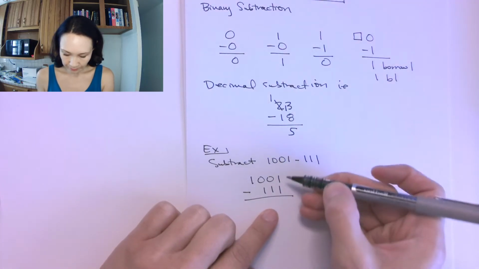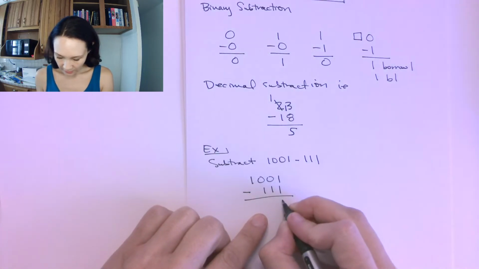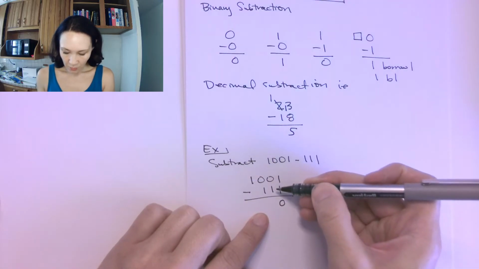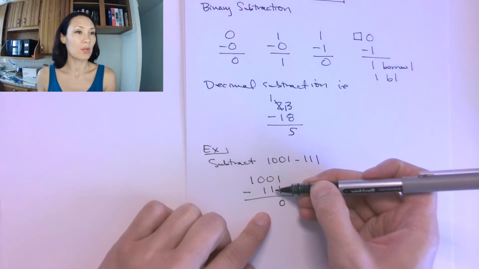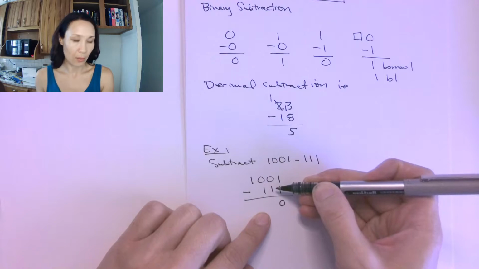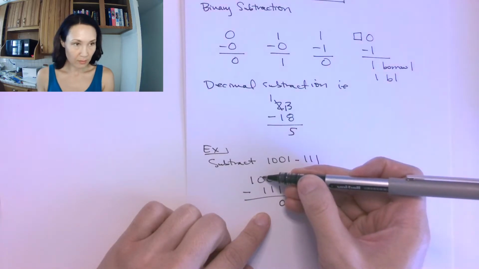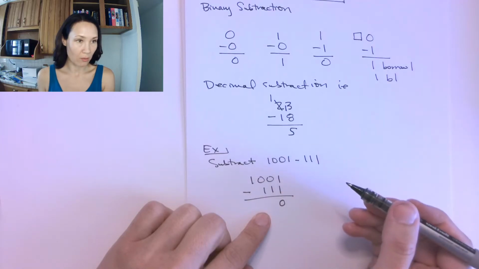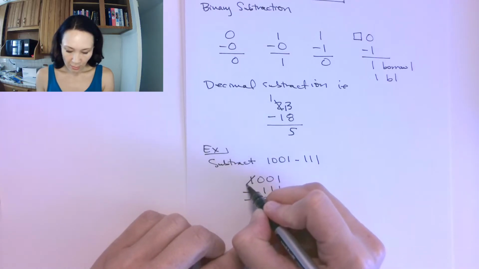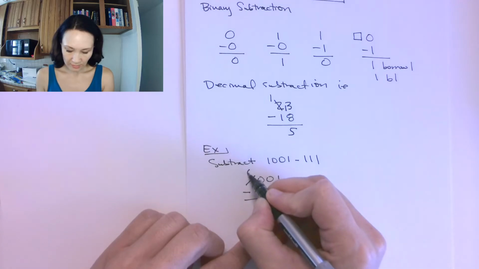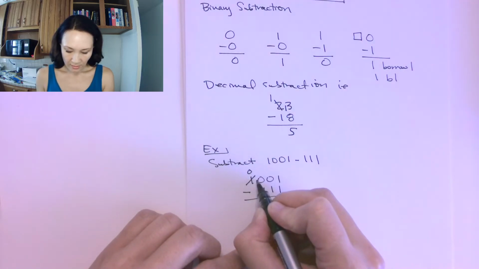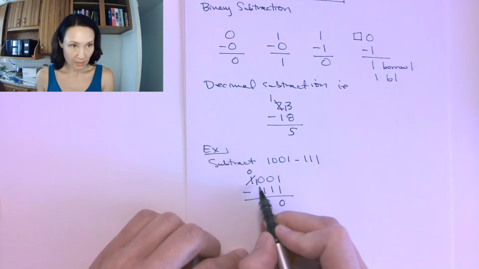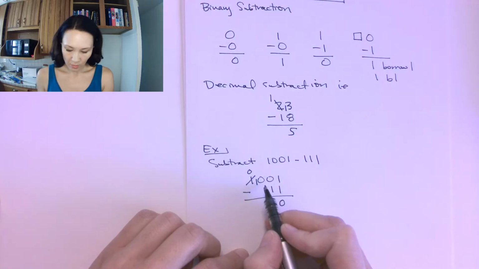And then we're just going to go column by column and subtract straight down based on these general rules that we wrote up here. So 1 minus 1 just gives us 0. 0 minus 1, 0 is too small to subtract 1 from, so we're going to need a borrow. So we look to the column on the left, there's no borrow available, so that means we have to look one more column over. So we're going to borrow a bit from this column. So we put a 0 here. That 1 we put to make this a 1, 0.